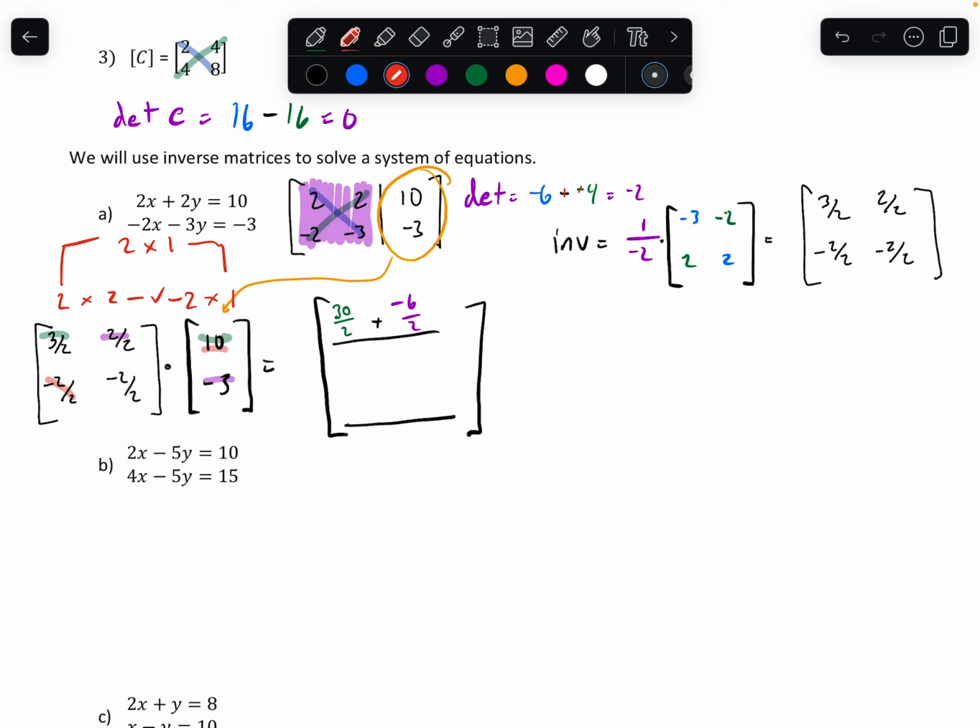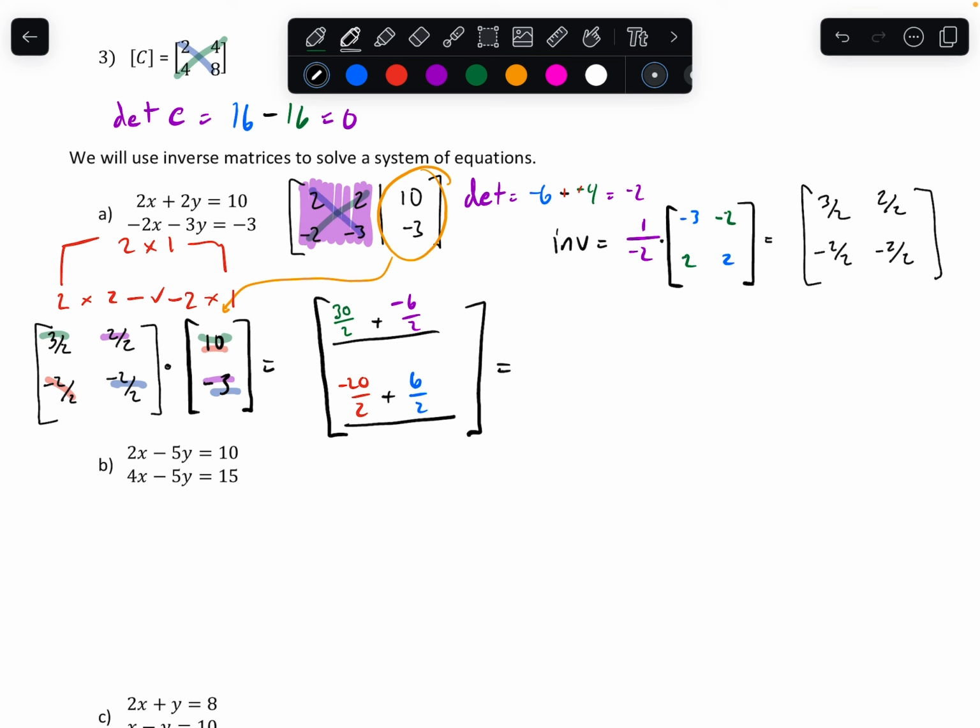So negative 20 halves. And then negative 2 halves times negative 3. So positive 6 halves. That's what I add together.